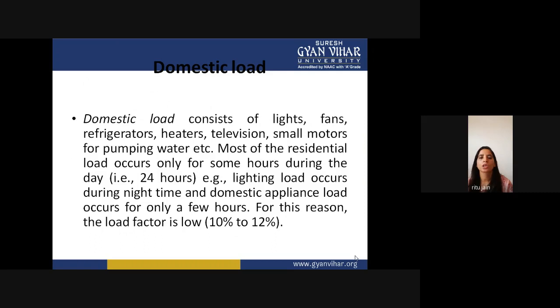Most of the residential load occurs only for some hours during the day. That is your domestic load. For example, lighting load occurs during night time and domestic appliance load occurs for only a few hours. For this reason, the load factor is low. We will discuss load factor.